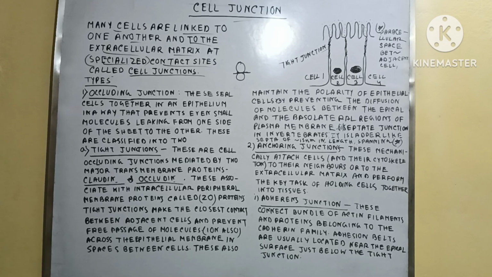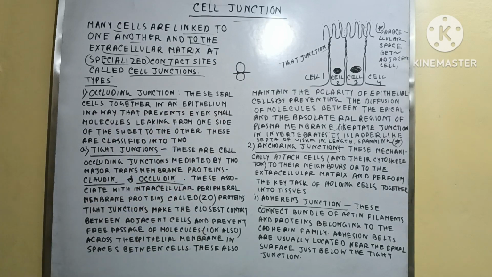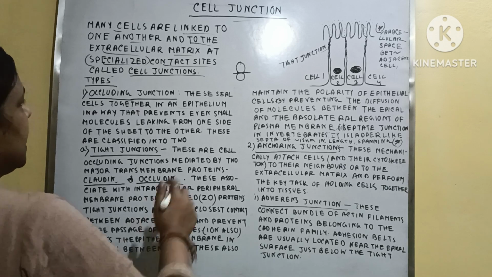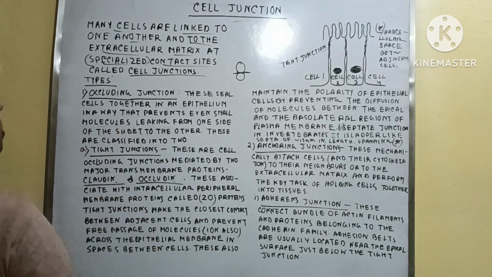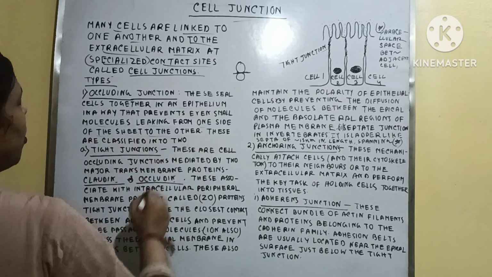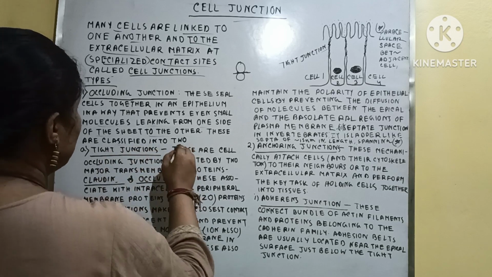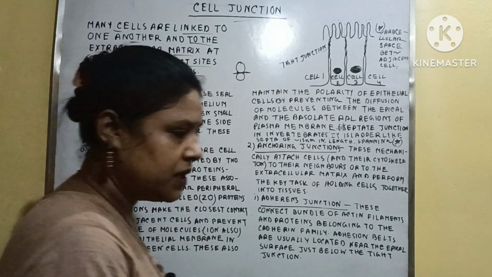So what is the occluding junction? These generally seal the cells together in an epithelium in a way that prevents even small molecules from leaking from one side of the membrane to the other, and these are classified into two categories.